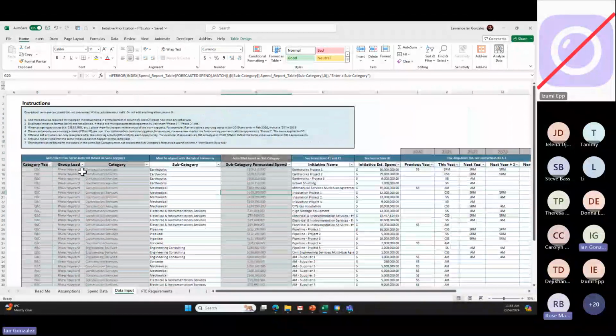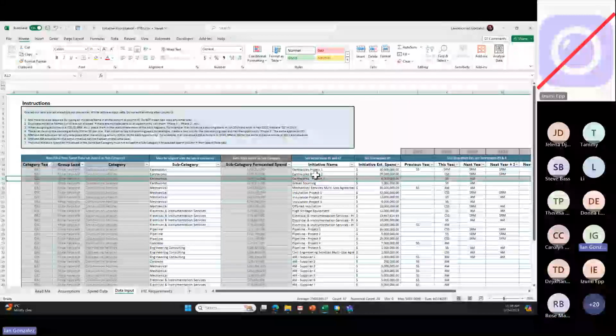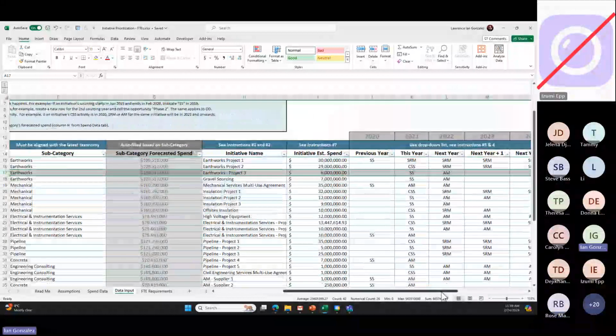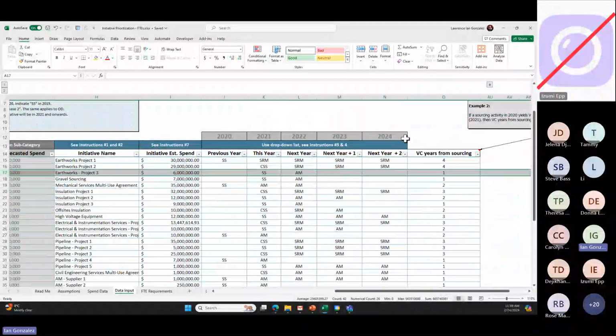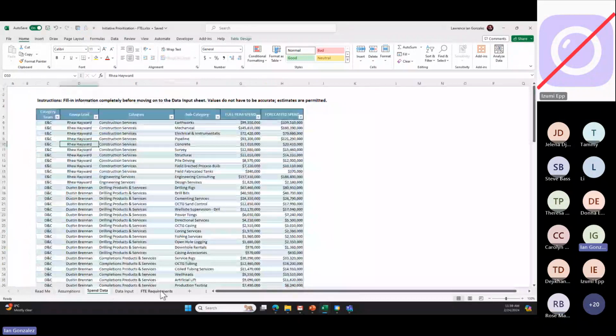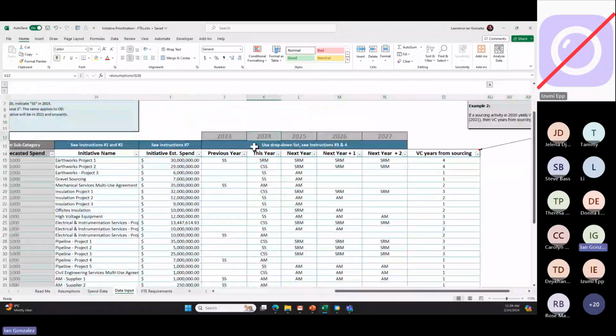For an initiative, let's say row 17 over here is Earthworks project. The tool will already put the years out. The reason it puts 2021 over here is because in your assumptions you said this year is 2021. If you change that, I'll do it now, 2024. There. If I go to my data, now you see 2024 over here.